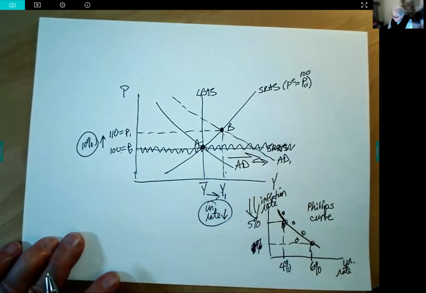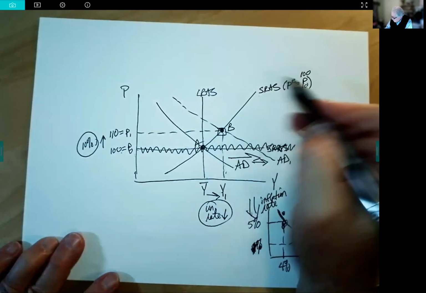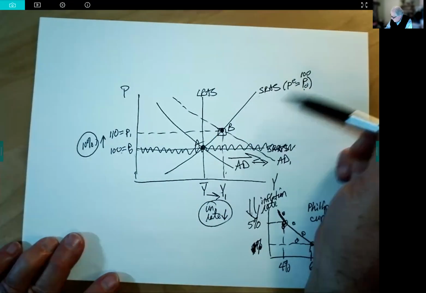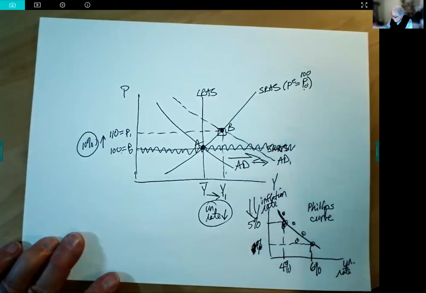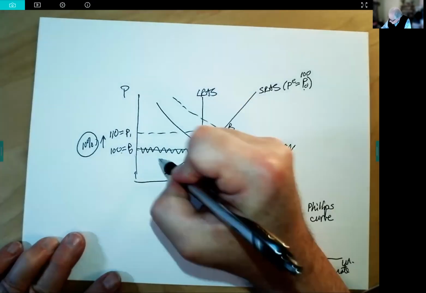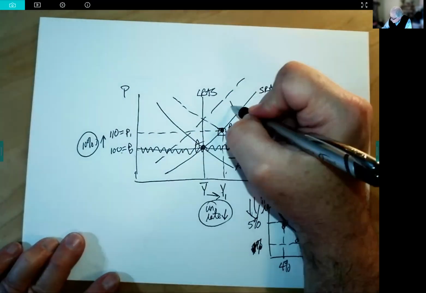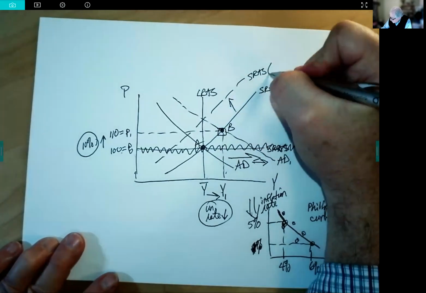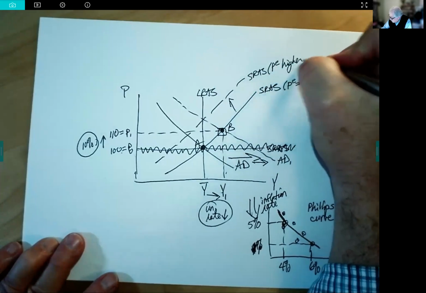Now, the challenge is that over time, people understand that, well, inflation was higher than I thought. The price level wasn't at 100, it turned out to be 110. And so people are going to adjust their expectations for prices. And as they do that, this short-run aggregate supply curve is going to shift back to the left.